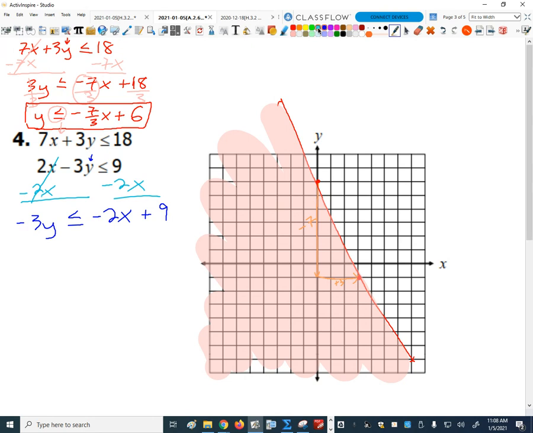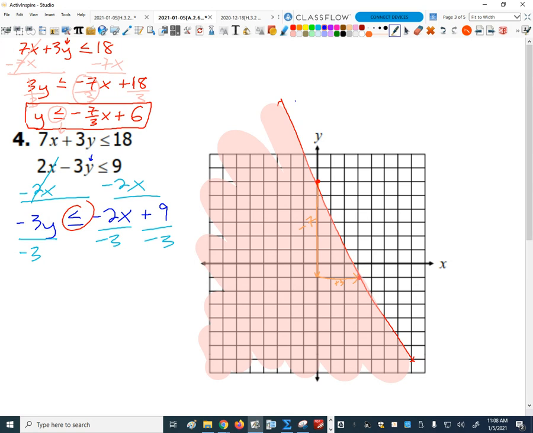Last step. Divide by negative 3. There we go. And so then you have to switch the inequality sign, right? Very good. So we're going to divide everything through by negative 3, which means I've got to flip that sign around.